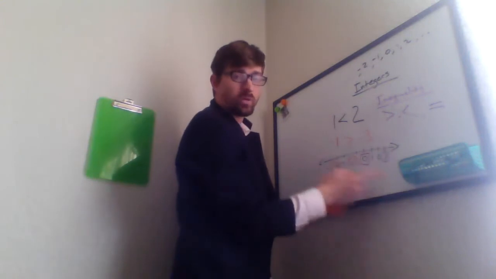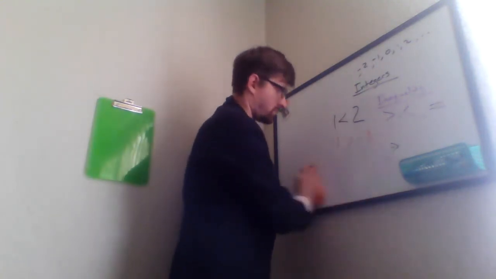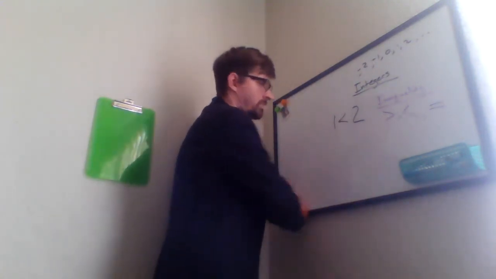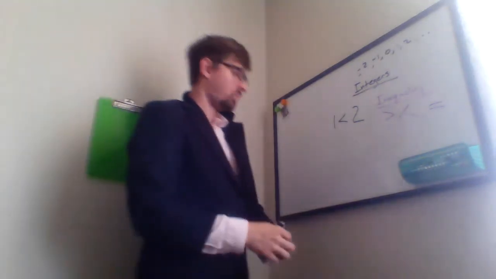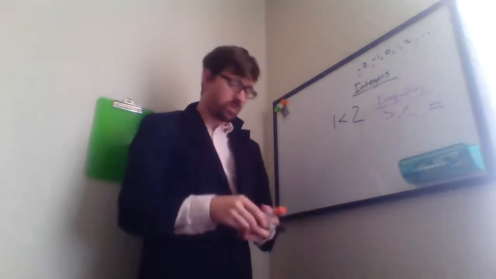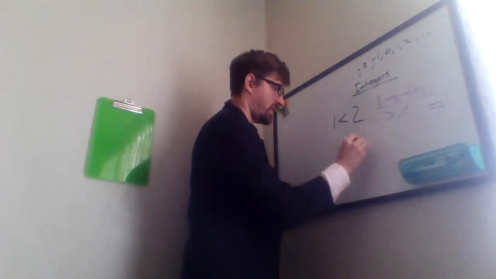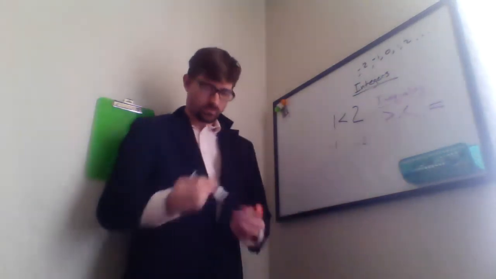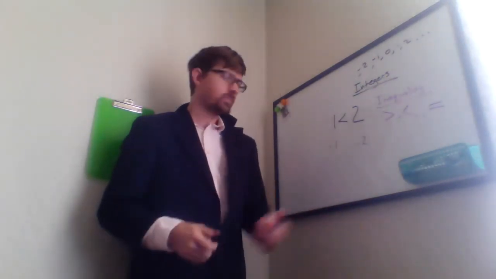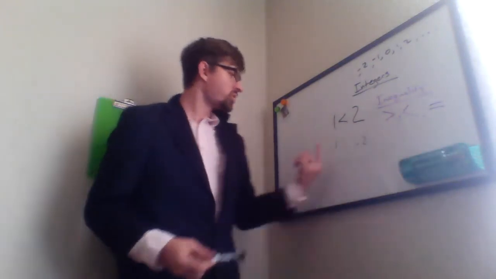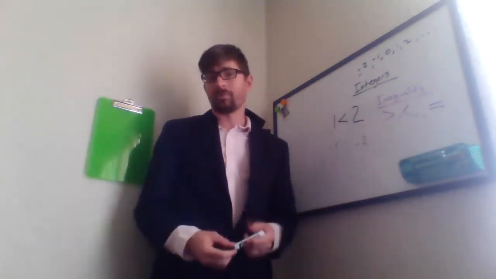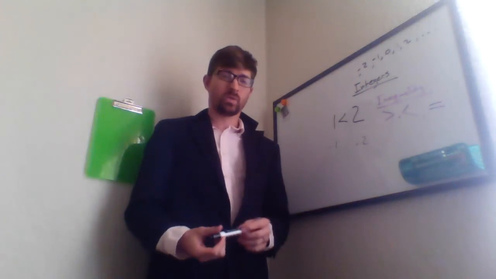And if that's okay, I'm going to erase our number line. So, 1 and 2. Now, let's say they're both negative. Okay? So, -1 versus -2. Which number is bigger? All right.